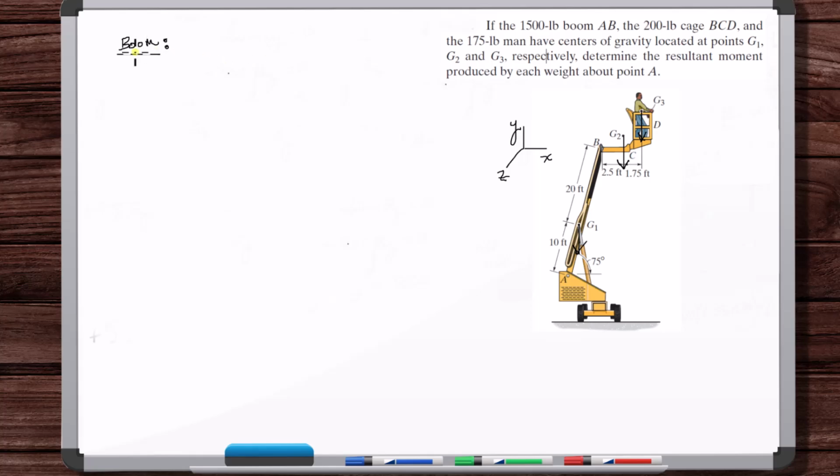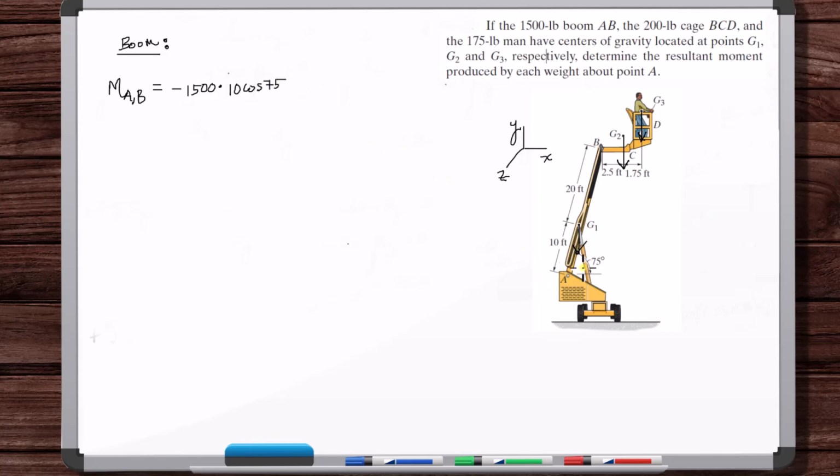So the moment about point A of the boom is equal to negative 1,500 times the moment arm, which is 10 cosine of 75.